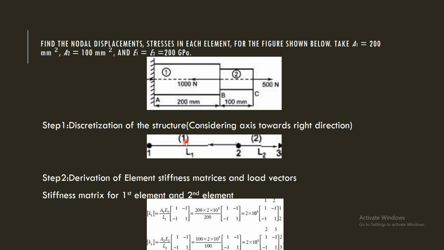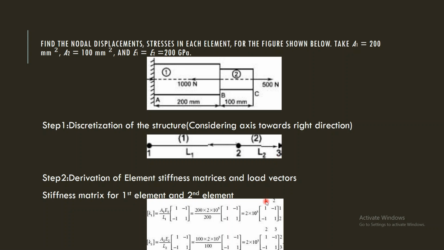By looking at the FEA model. In the FEA model for element 1, the connectivity exists between node 1 and node 2, that is displacement 1 and displacement 2. That's what I have written. What is displacement 1? That is U1, here it is U2, and here it is U3.